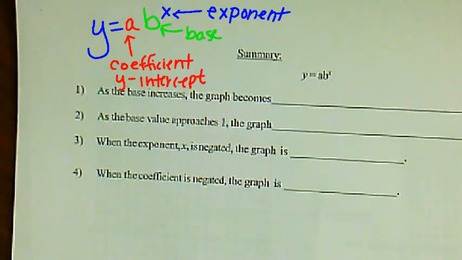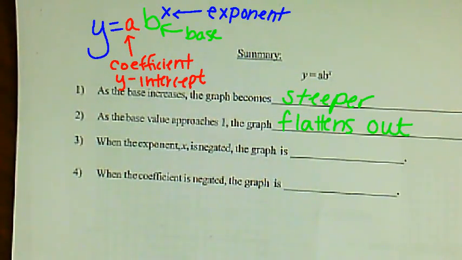Okay? All right, so as the base increases, the graph becomes steeper. As the base approaches 1, the graph flattens out. And when the exponent x is negated, the graph is reflected over the y-axis.